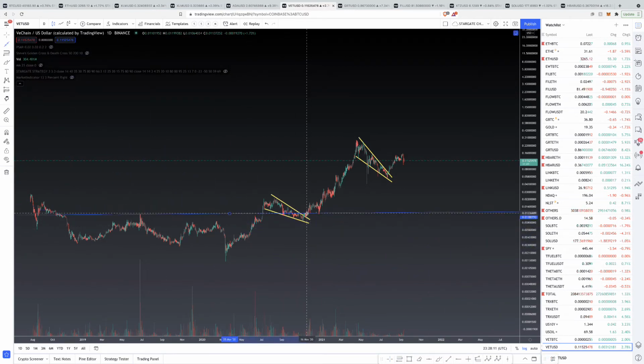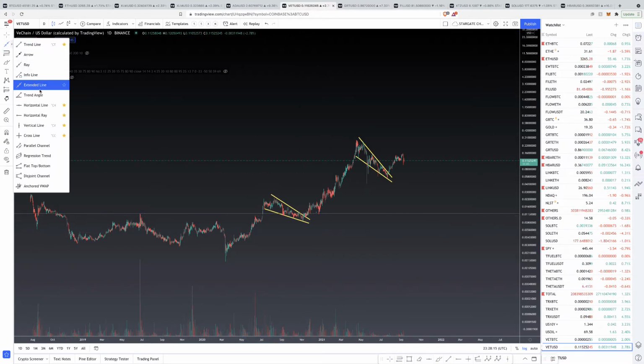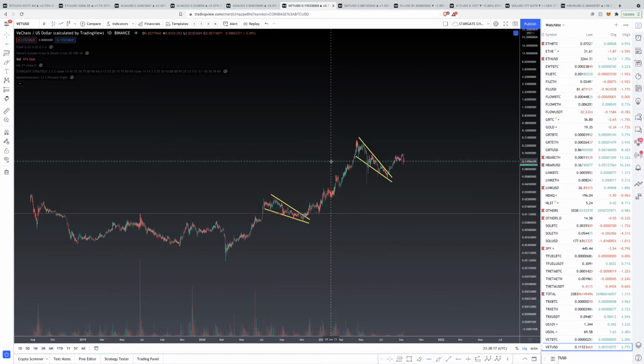Kind of like a support line there, another support line there. So when we broke out, we came back down just like the past to test this line. So that's what we're doing right now.